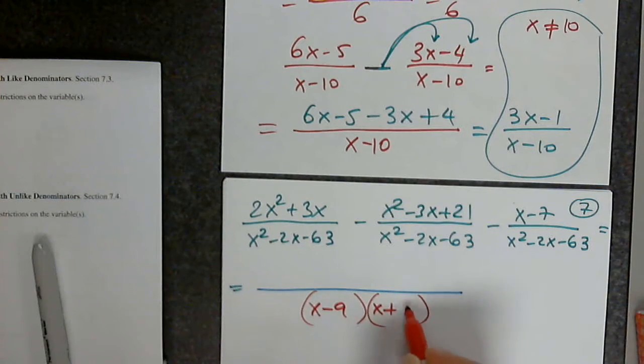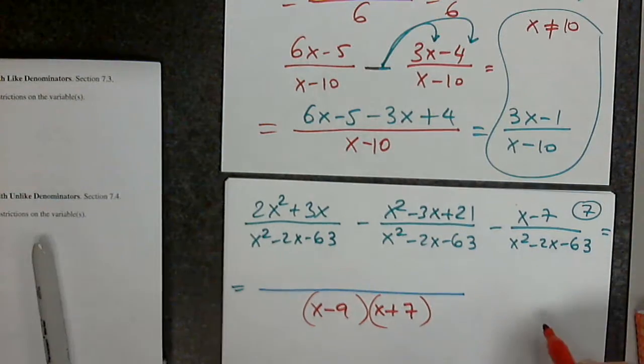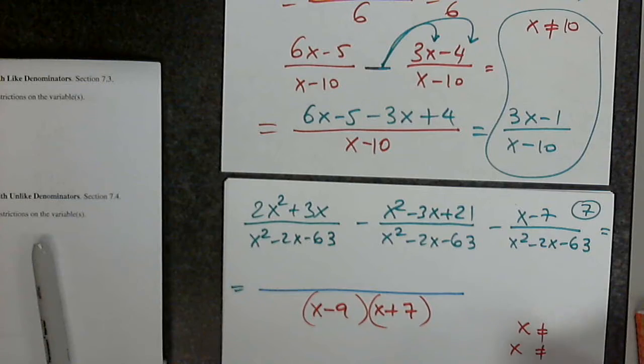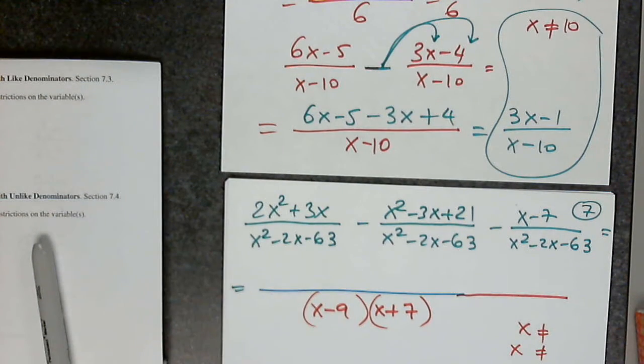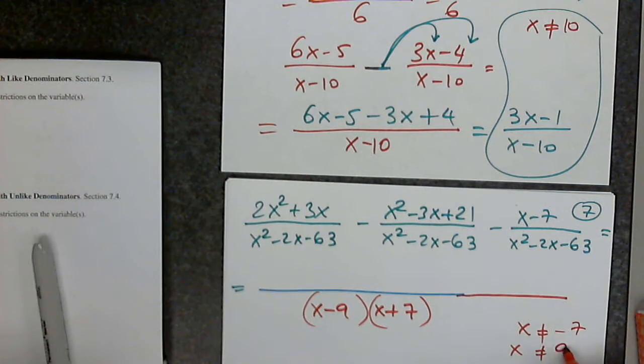Very good. Then you will give me also two restrictions right away. And you will say x not equal. Very good. And now all I have to do is write the numerators.